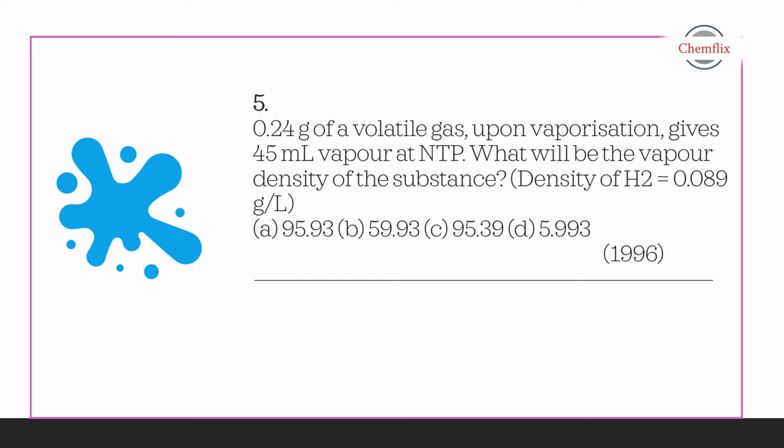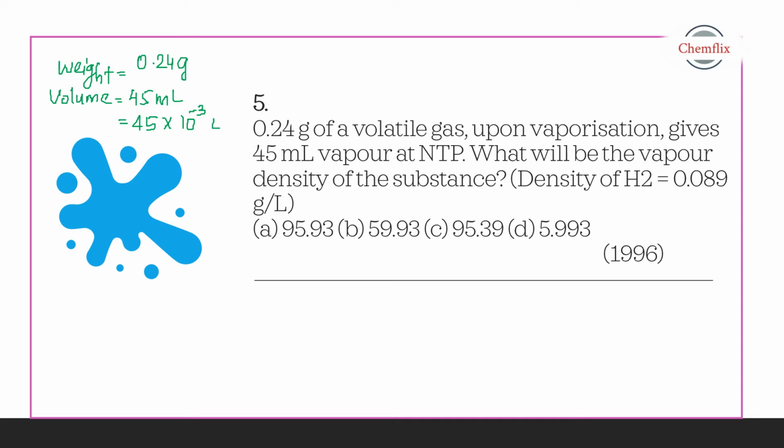Moving to the next question. 0.24 gram of a volatile gas upon vaporization gives 45 ml vapor at NTP. What will be the vapor density of this substance? The density of H2 is given as 0.089 gram per liter. So here the weight of the gas is 0.24 gram, and the volume is given as 45 ml, that is 45 into 10 to the power minus 3 liter.